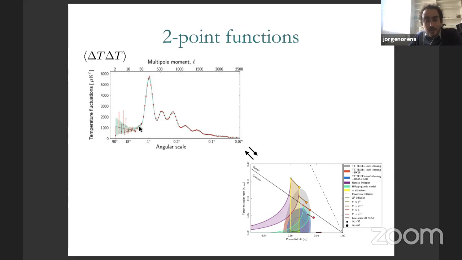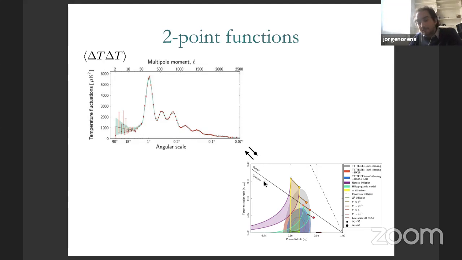The predictions from theory, which come both from a scale invariant spectrum and from the physics of the early plasma computed by these Boltzmann codes, agree very well with observations. And this theory has been used to put tight constraints on cosmological parameters.